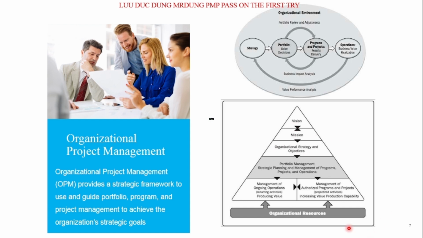Vision. We have two. So we have organization resource. Here, manpower, also department, business unit here. So do the project, operation, portfolio, strategy, mission, vision. And also here is the organization and environment, portfolio for review and adjustments.